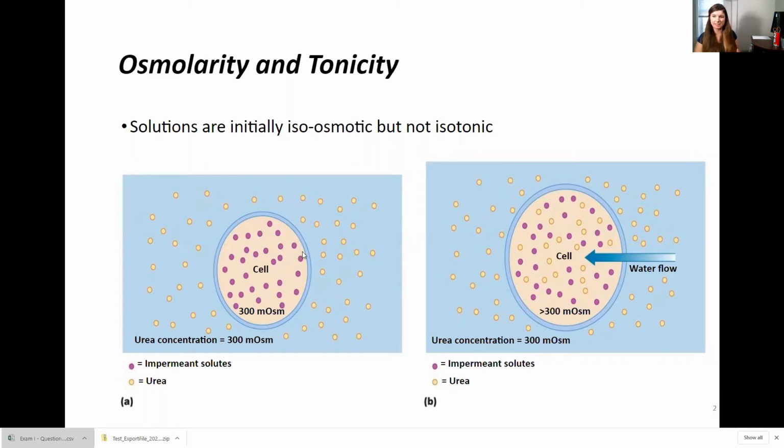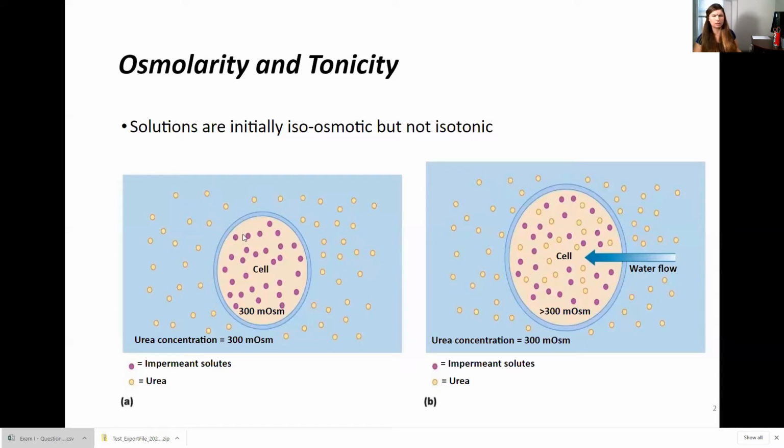The only way we can decrease that concentration is by adding water. So these two substances, the intracellular fluid and the extracellular fluid here, are not isotonic.